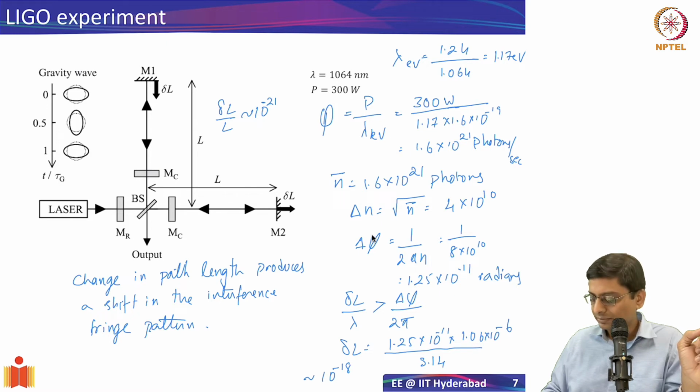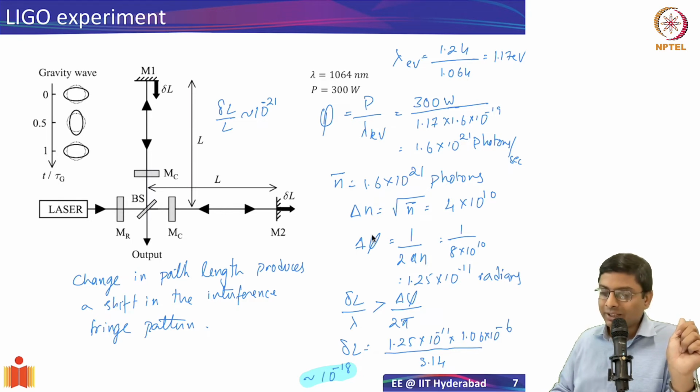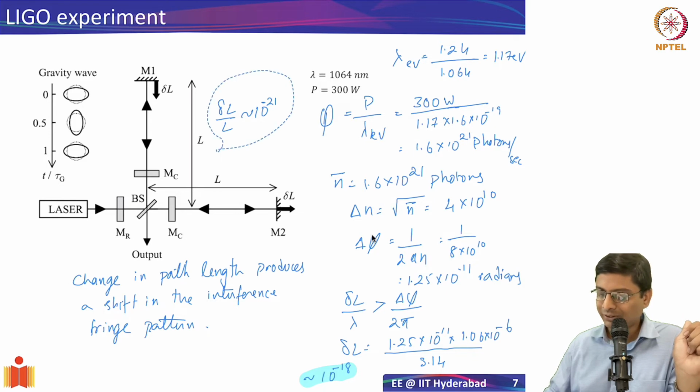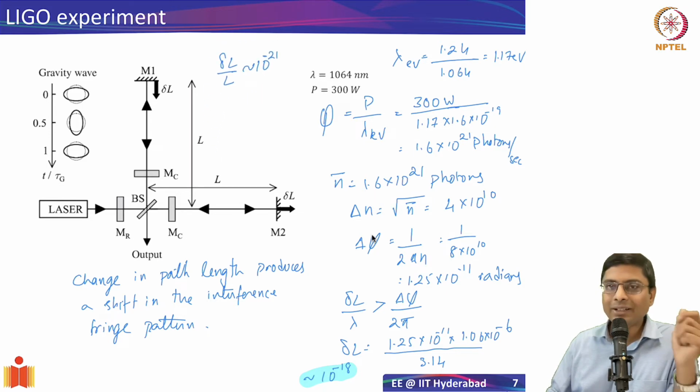So if you build an interferometer out of this, the minimum change in length I can detect is 10 power minus 18. But my theory tells me, these are optimistic estimates, that is the word Mark Fox uses, that delta L by L should be 10 power minus 21.